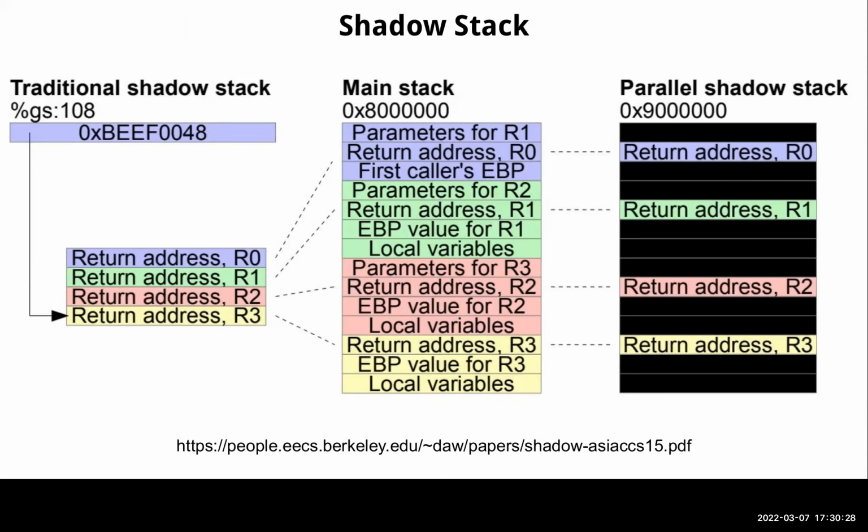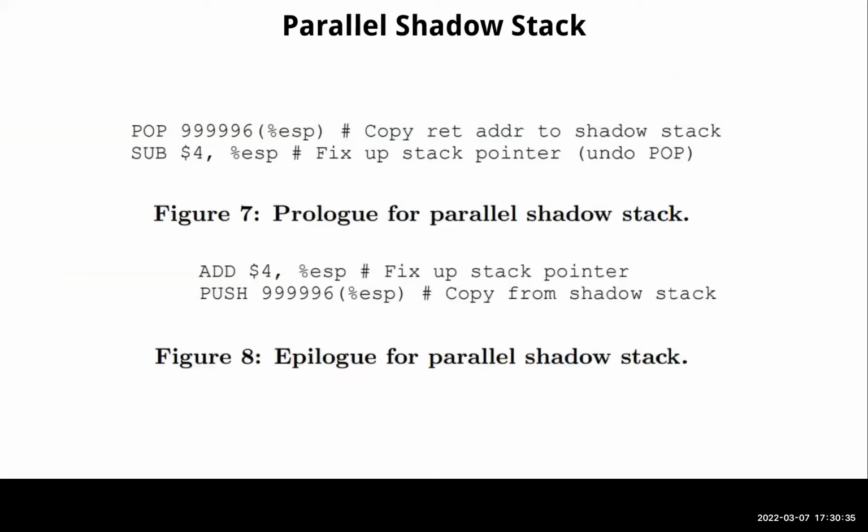So then let's take a look at the parallel shadow stack and see how we implement that. And this is the implementation. You can see the implementation is much smaller, very clean. We just assume the one return address on the shadow stack and its corresponding original one have a constant offset.